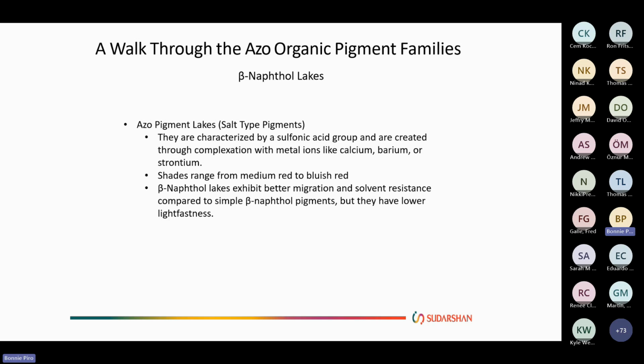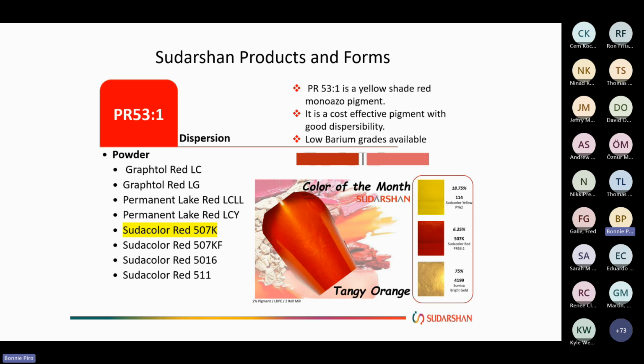However, you'll give up a little bit more on the light fastness versus the regular beta naphthol pigment classes. A good example in this space is the Pigment Red 53:1. This is more of a yellow shade red, a very cost-effective pigment, but it does have very good dispersibility. There are lower barium grades available, so there are some options there.